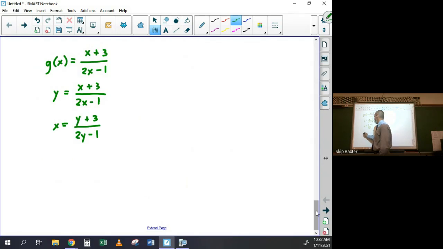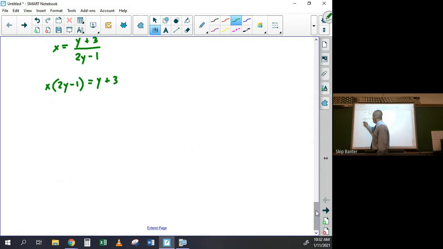So we would have x times 2y minus 1 equals y plus 3. And then I could distribute that. 2xy minus x equals y plus 3. Okay, then what? Factor x out? Well, that would give me what I just had. So I don't know if that would help.